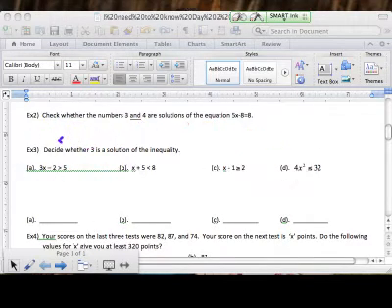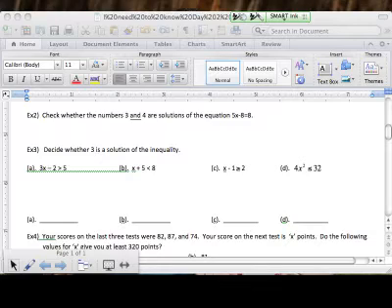All right, so the second part here, we're going to check whether the numbers 3 and 4 are solutions to an equation. All you're going to do is plug them into the equation and see if it holds true.